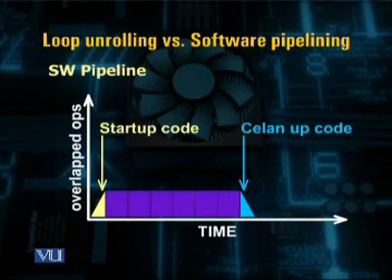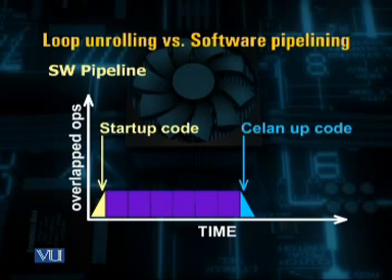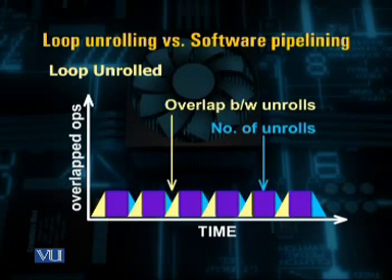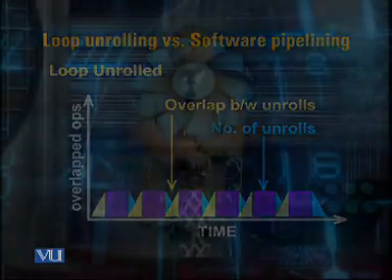Here you can see that the symbolic loop unrolling fills and drains the pipe only once per loop, whereas loop unrolling fills and drains the pipe once each unrolled iteration. So you can see the difference between these two operations, which shows that the performance of software pipelining is better as compared to loop unrolling.